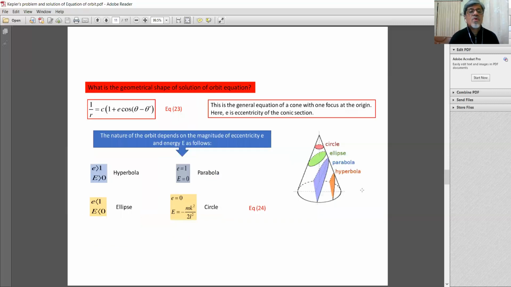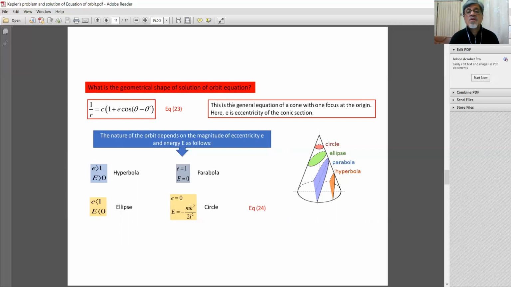Now we come to what is the geometrical shape of the solution of the orbit equation. We have obtained the solution, and that solution is represented in terms of equation 23. But what type of geometrical shape does it represent? How are the different shapes of orbit derived?